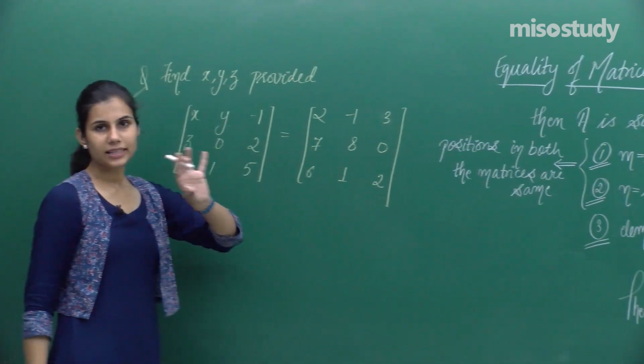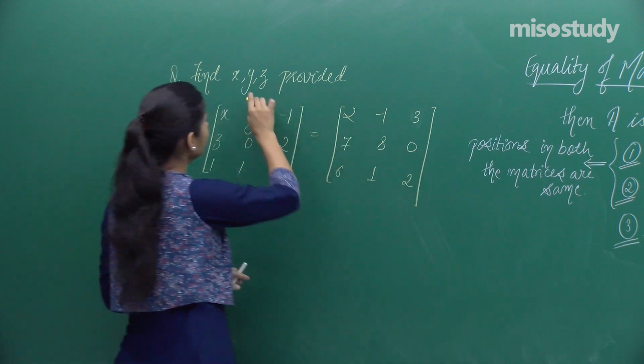If these two matrices are equal, it's given to you, find the value of x, y and z.